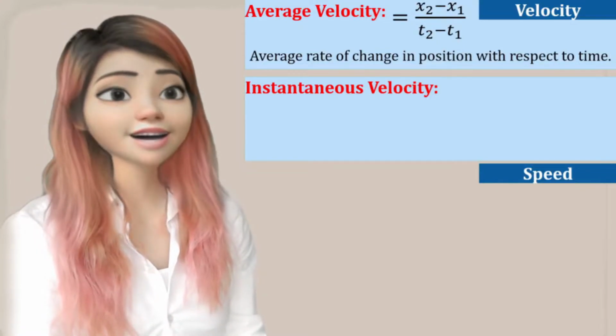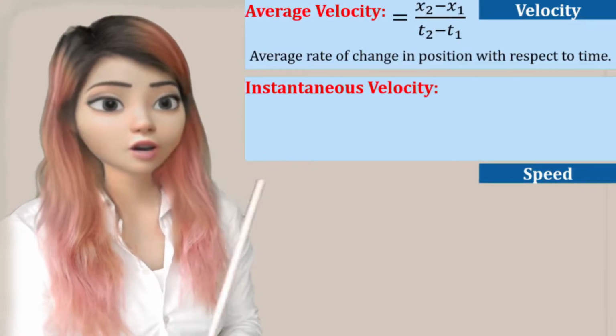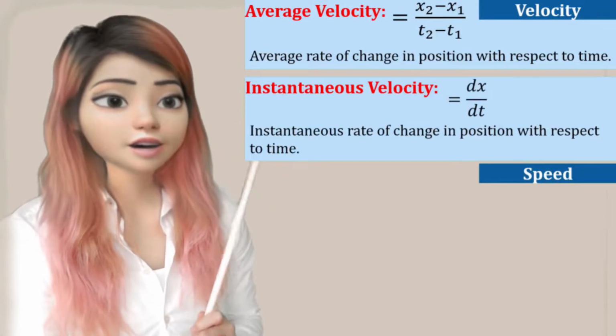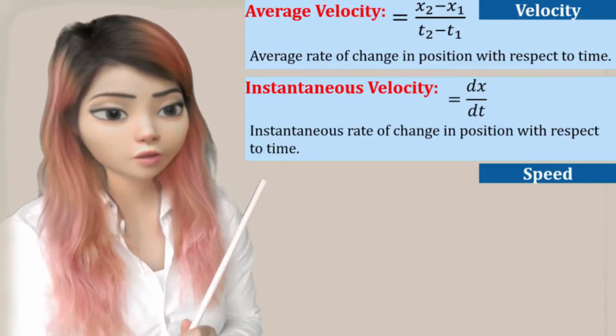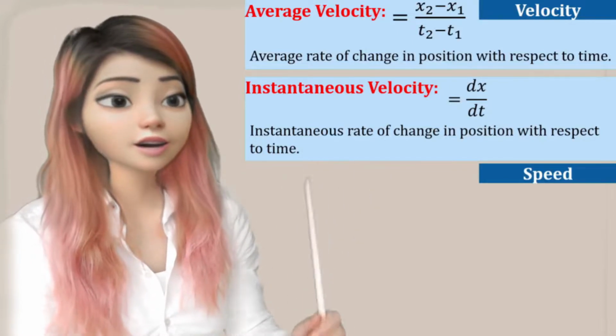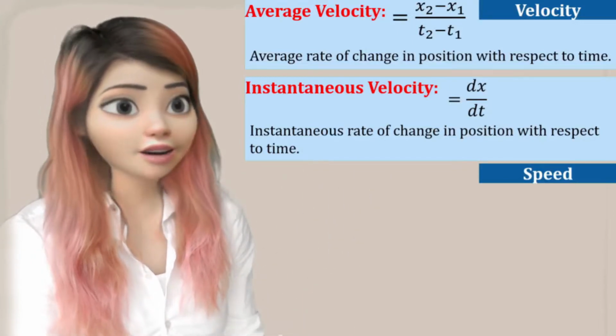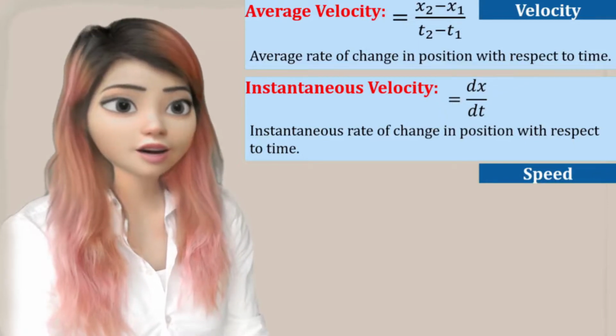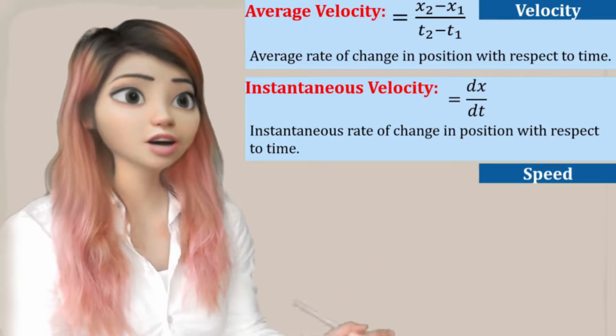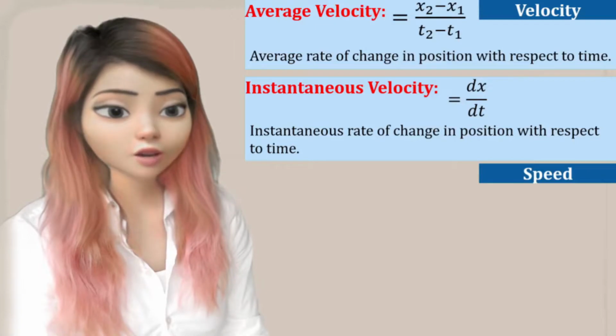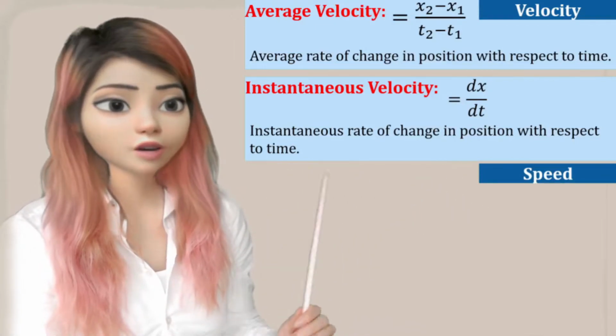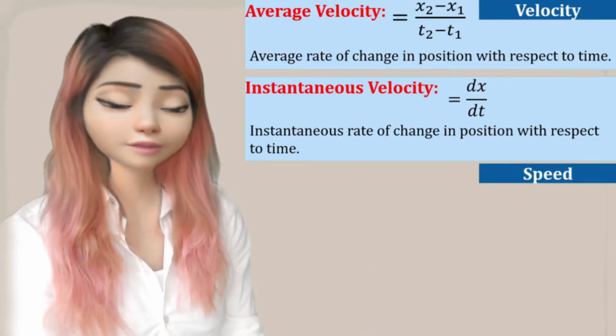Whereas instantaneous velocity, so the velocity at that point, is the instantaneous rate of change in position with respect to time. In simpler words, dx dt. So we have had a look at this throughout the chapter, averages of rate of change and instantaneous rate of change. Today we're going to combine them with velocity, speed, so motion.